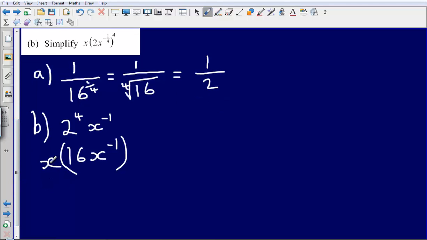Now all I need to do is expand this, so it's 16x to the minus 1 multiplied by x. Well, that is exactly the same as 16x to the power of 0, because x multiplied by x to the minus 1 is going to give me x to the power of 0, and so 16x to the power of 0 is exactly the same as just 16.